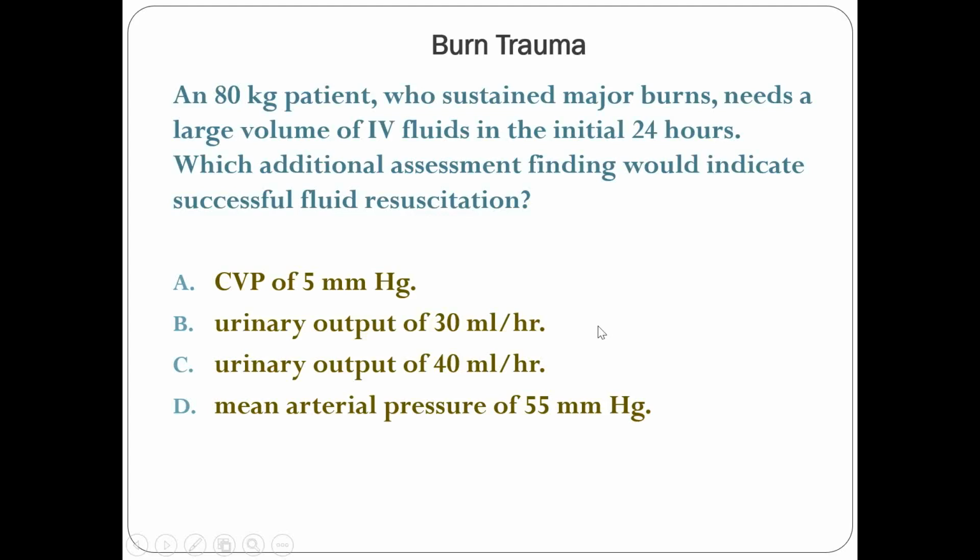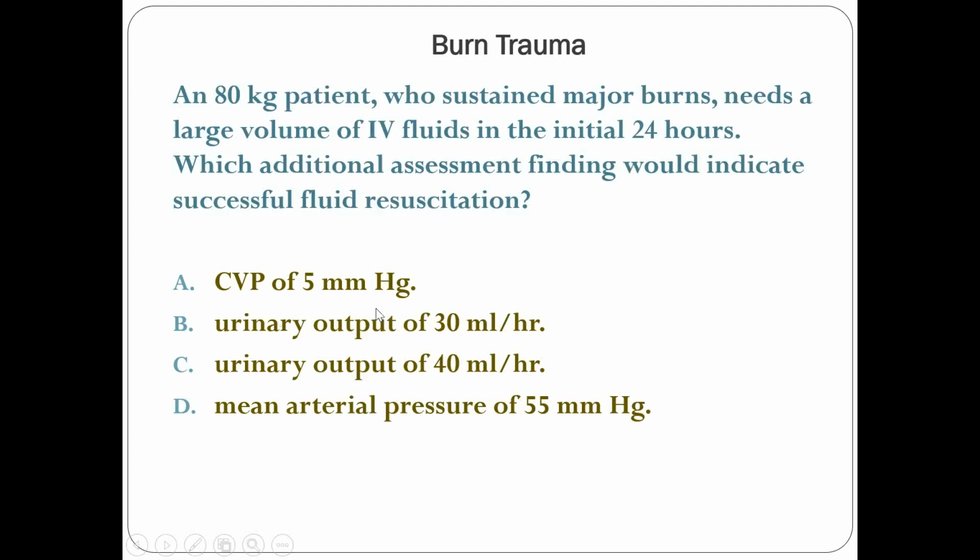Now, I know a lot of us have learned in the hospital setting and in previous courses that 30 mils per hour is a successful amount. It's really not. Individuals who use 30 mils per hour for every patient are kind of old school. I'm not saying it's not done. It is done, and I've seen it a lot.